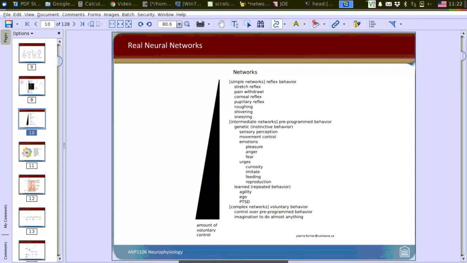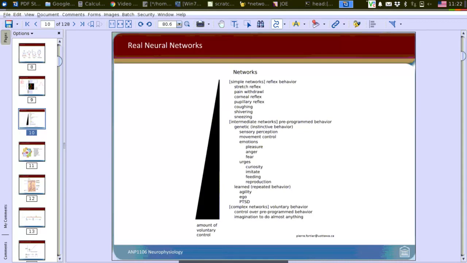Note that these complex networks have powerful information processing abilities, but the information is acquired over a lifetime as you mature from a child to an adult. So the ability of this system only comes into play as you mature.